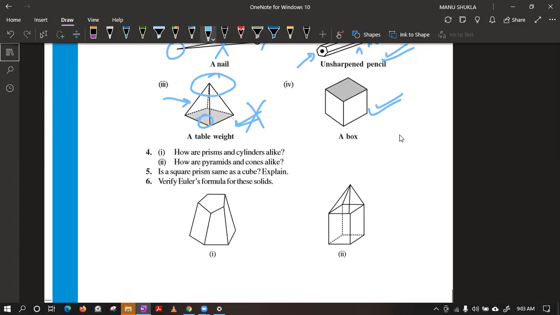But this one is an example of a prism because the top is a square, the bottom is a square, and all the lateral surfaces, that means the side surfaces, are rectangles. That is why we can consider the fourth part as a prism. I hope it is clear to everyone.